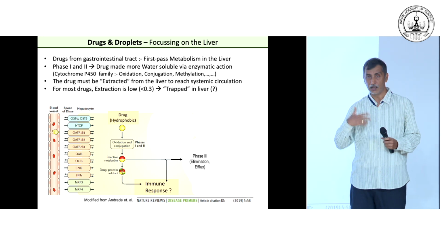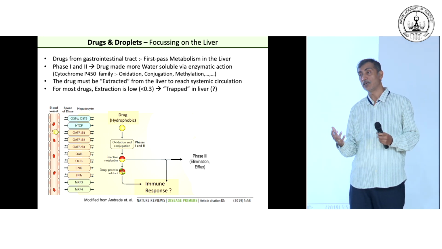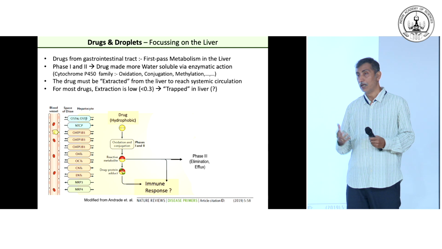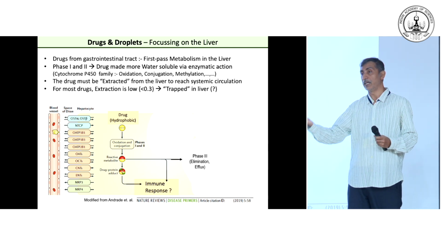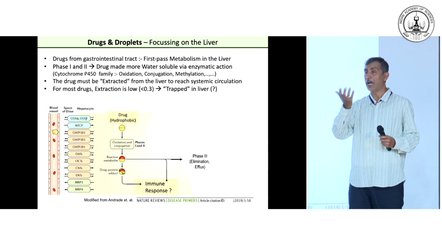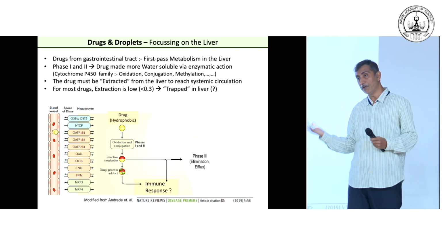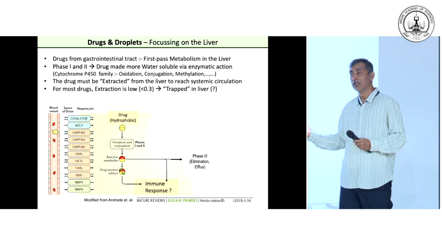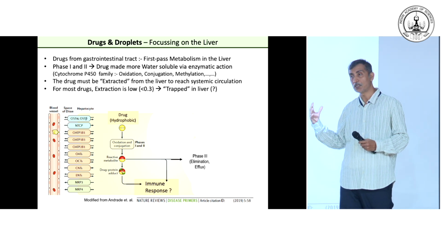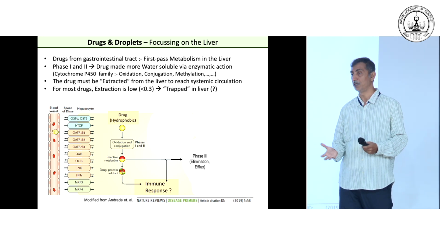They inhibit kinases, and these drugs are extremely hydrophobic. Most of these drugs are taken orally, and they have to go through your liver to get anywhere else. Now, if your liver has lipid droplets, the conjecture is that most of the drug just simply gets trapped in the liver.